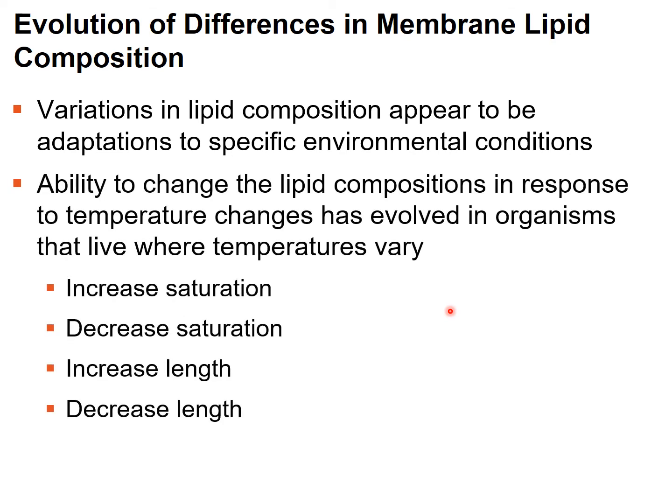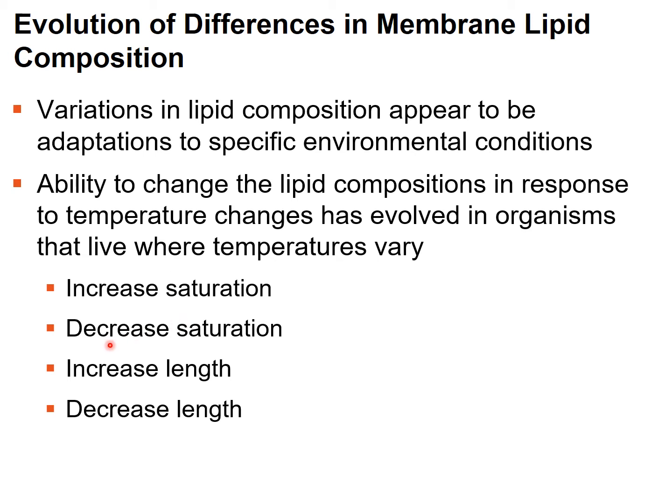For instance, some organisms can increase their saturation, so that makes them more rigid. So let's say they live in extremely warm conditions, and they can handle more saturation to keep their membranes together.